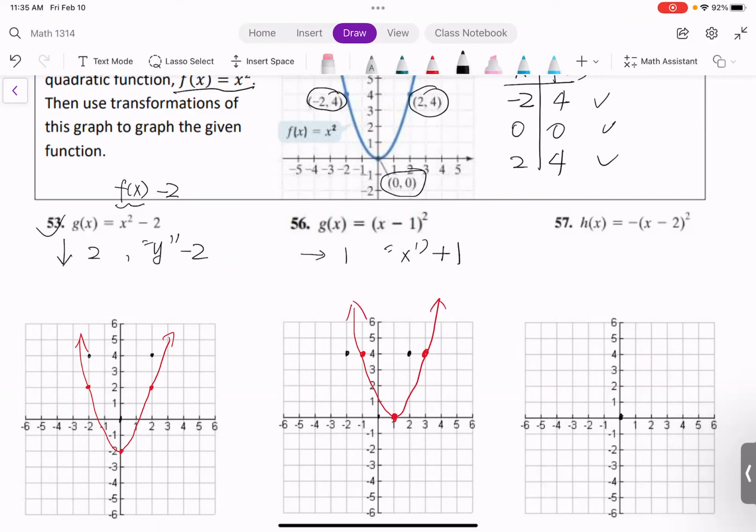Okay, let's see the next one. What is the transformation? It has two kinds of transformations, from inside to outside. Inside, the transformation is moving to the right, because of the minus 2, moving to the right 2 units, all the x plus 2. And the second transformation, going outside, we have a negative. That means the reflection along the x-axis.